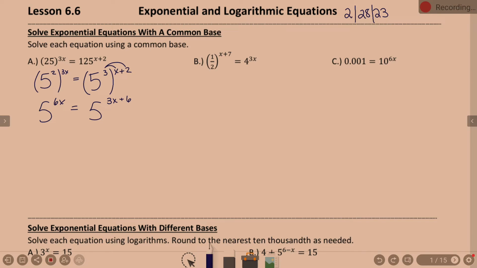If it says 5 to some power equals 5 to some power, those powers have to be the same since the bases are the same. So what we can do here to solve this problem, if your bases are the same, drop your bases off and set your powers equal to each other. So we have 6x equals 3x plus 6.